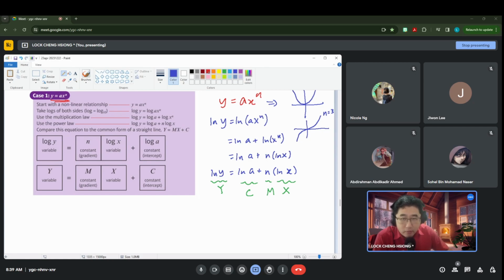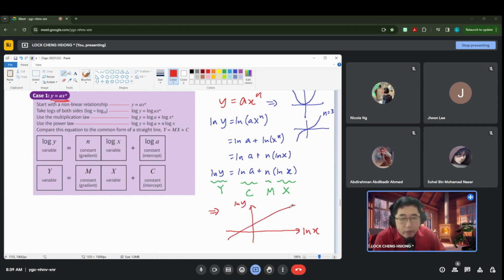It's just that my graph here is not the small letter x and small letter y, but ln x and ln y.